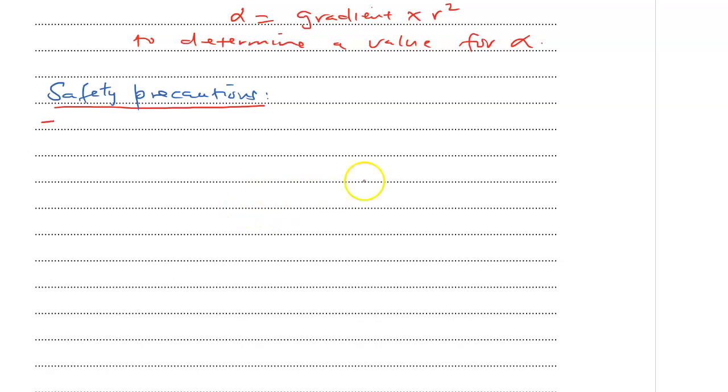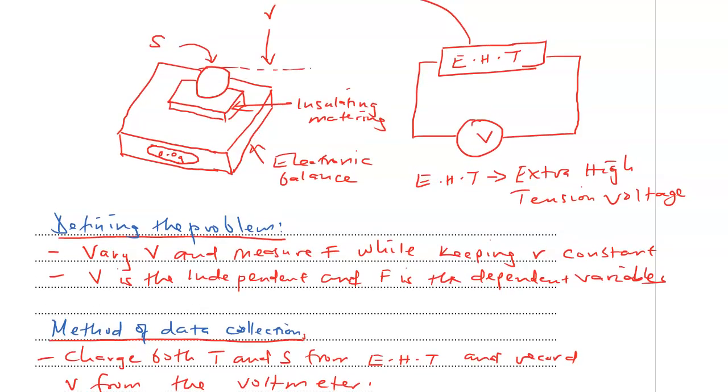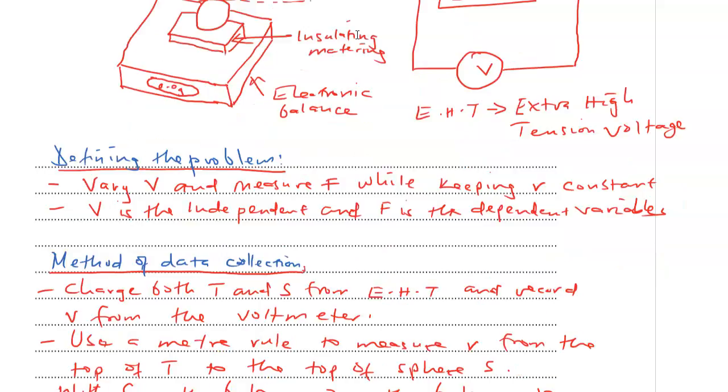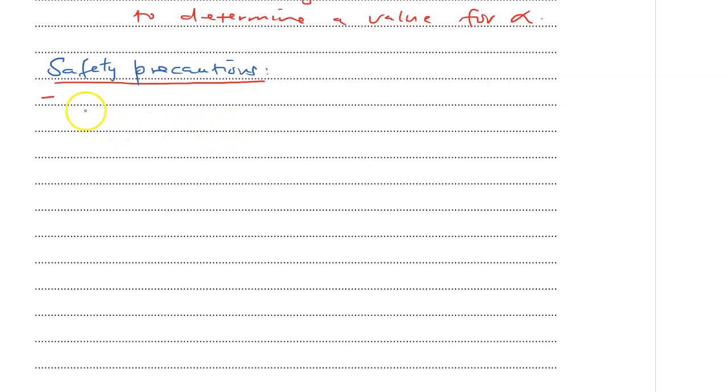Remember, we are using EHT, extra high tension. So you need to use gloves to handle the voltage because the voltage is high. Don't come into contact with the voltage. Use insulating gloves to handle the high voltage.